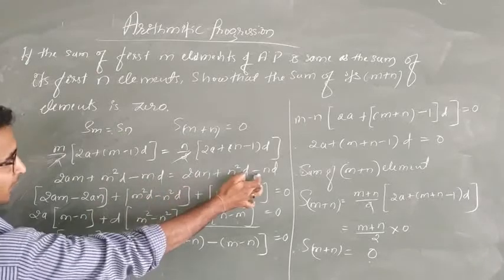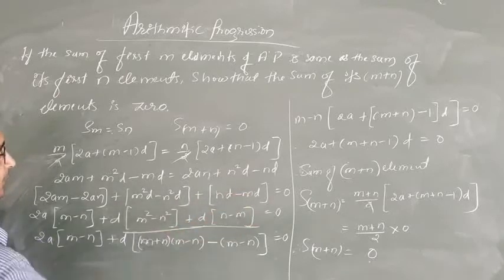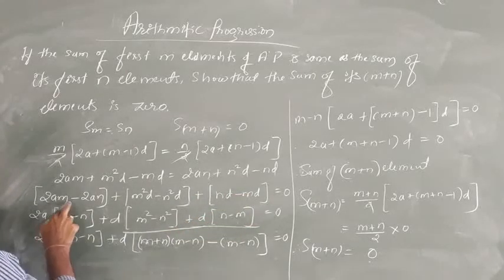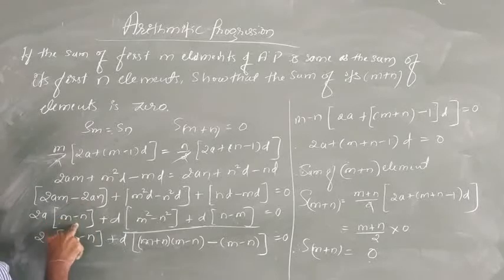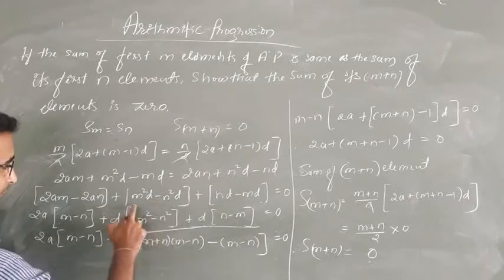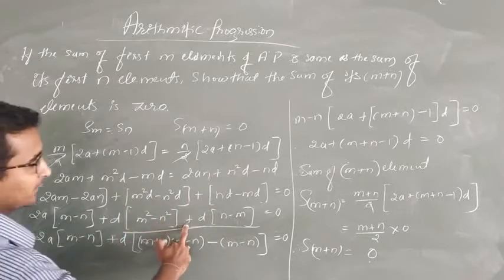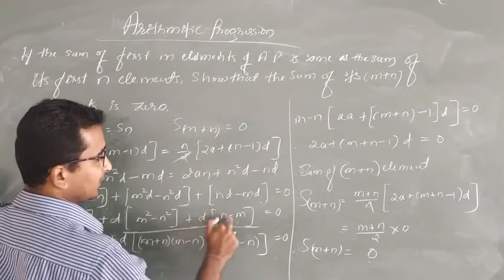Then if I take this to the LHS, it is plus nd minus md equal to 0. Then in between, the common multiple is 2a into m minus n, plus d is the common multiple with m square minus n square, plus d is the common multiple with n minus m.